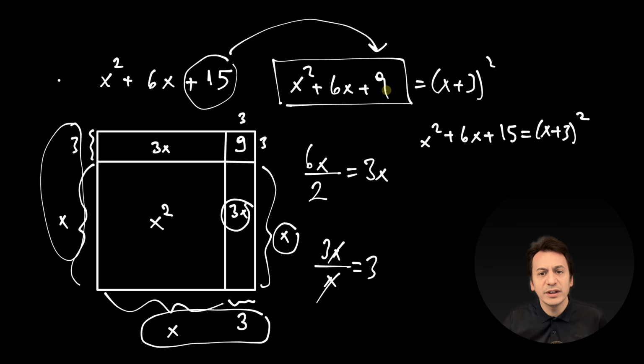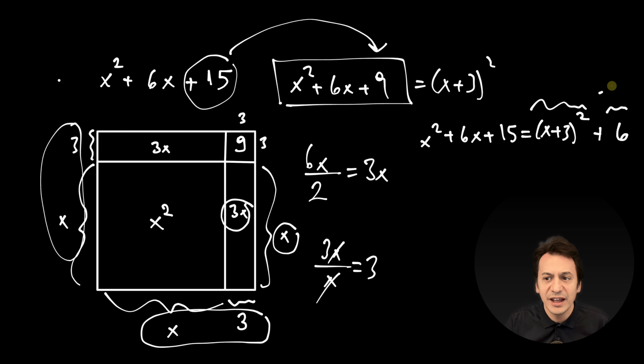And then I know that I will get a 9 in the end, and I will add 6 more, right? There you go. So I have my square here. Here is the area of the square, and here is my excess. I put the excess here, and so I can see it in terms of a perfect square now.